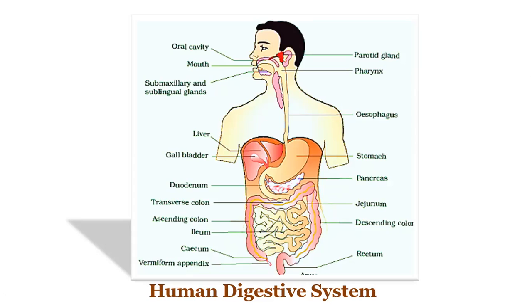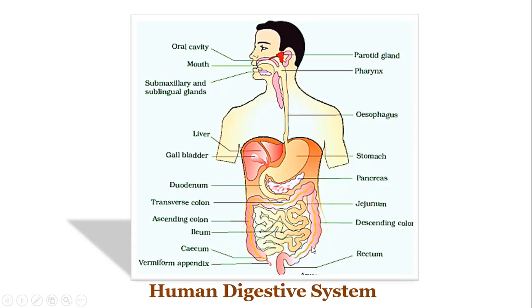Now the ileum of the small intestine opens into the large intestine, which again has three parts: cecum, colon, and rectum. You can see here that the ileum opens into the cecum. Then the next part of the large intestine is the colon, and then the rectum. The colon also has three parts, as you can see here: ascending, transverse and descending colon.